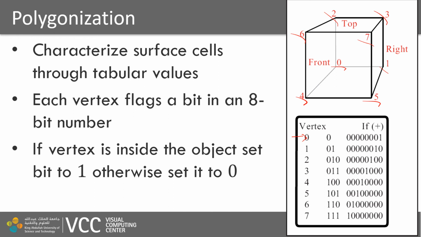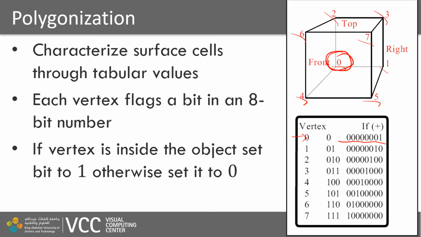We have 8 bits, and each bit defines inside or outside information for our cell. So we can give a code to our cell which defines how the surface is intersecting this cell. Here we see that all of the values are inside, besides the least significant bit, the 0 here, which is already outside the surface.